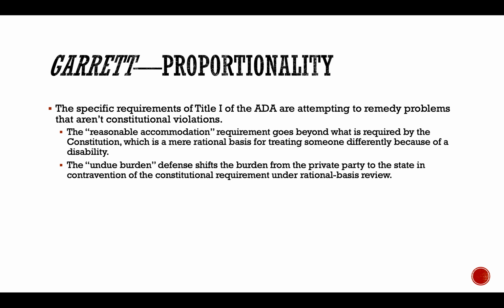Now, this particular analysis gets criticized by Justice Breyer in his dissent because he says, we've always held that Section 5 legislation can go beyond what's prohibited under Section 1. And I mentioned that in one of the slides, I think it's the second slide, where we're looking at the background information.